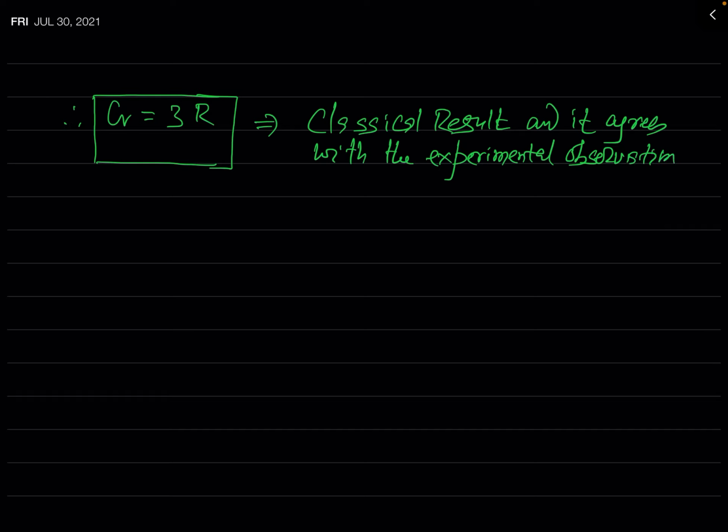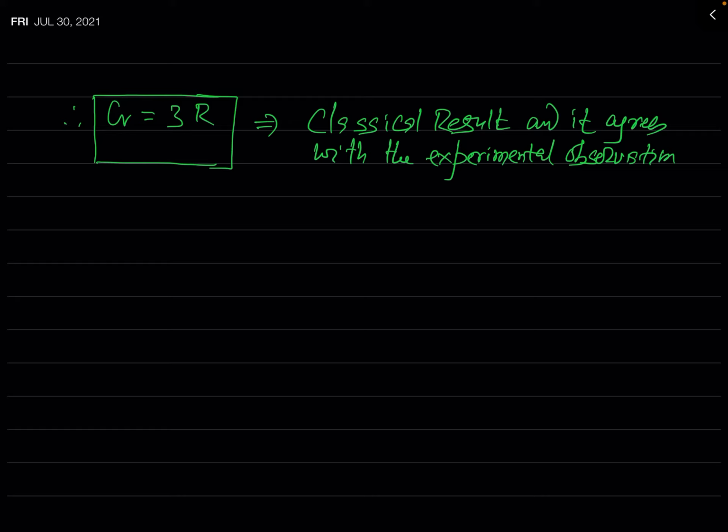Because experiment says that at very high temperature the specific heat of solids becomes constant, and that constant value is simply equal to 3R. This result has been seen in the classical theory and in Einstein's theory too.